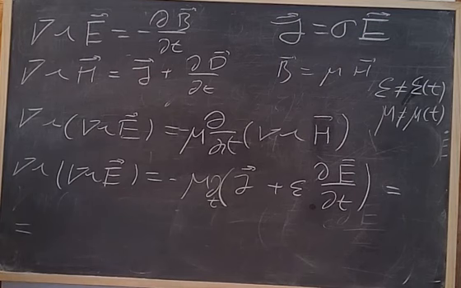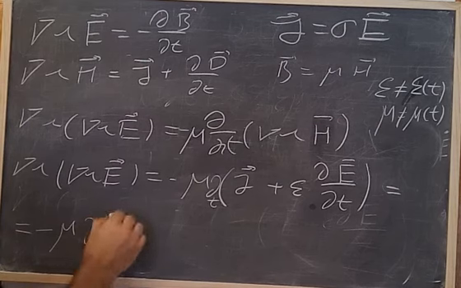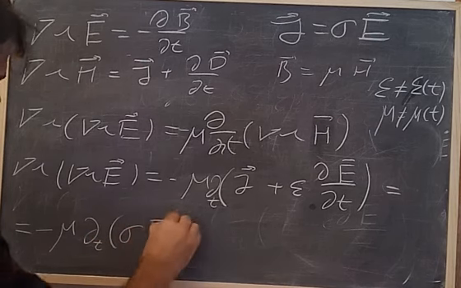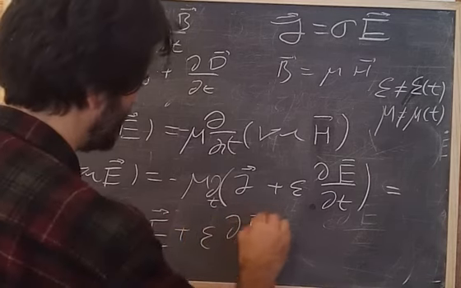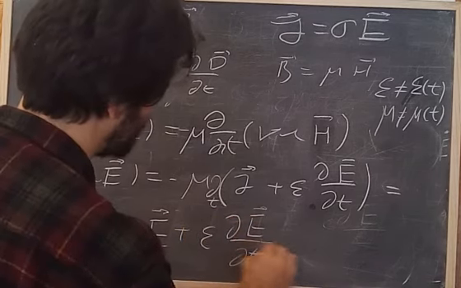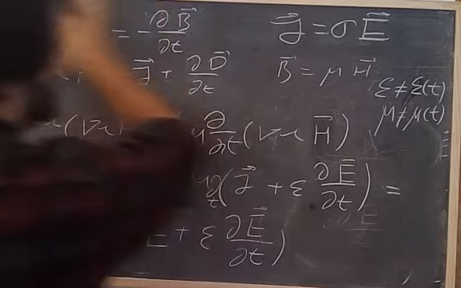Okay? In that case, we can write minus mu with respect to time of sigma E plus epsilon E with respect to time. Okay.